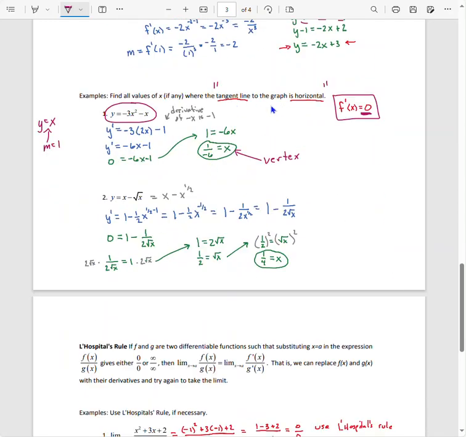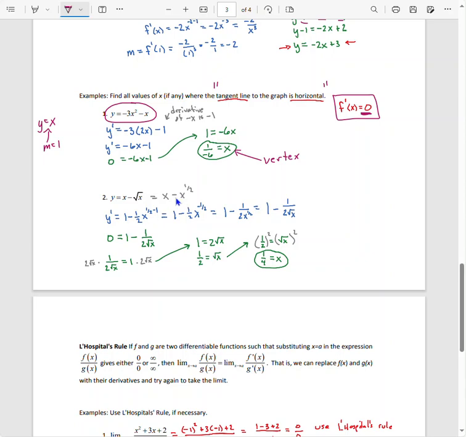Same thing, where the tangent line to the graph is horizontal, find the x value, so the derivative is 0. We start with the function y equals x minus square root of x, and my first step is always write it with rational exponents, because radicals don't have rules. They're radical. My derivative, the derivative of x, is 1. Anytime the x has a power of 1, the derivative is just the coefficient, so 1.